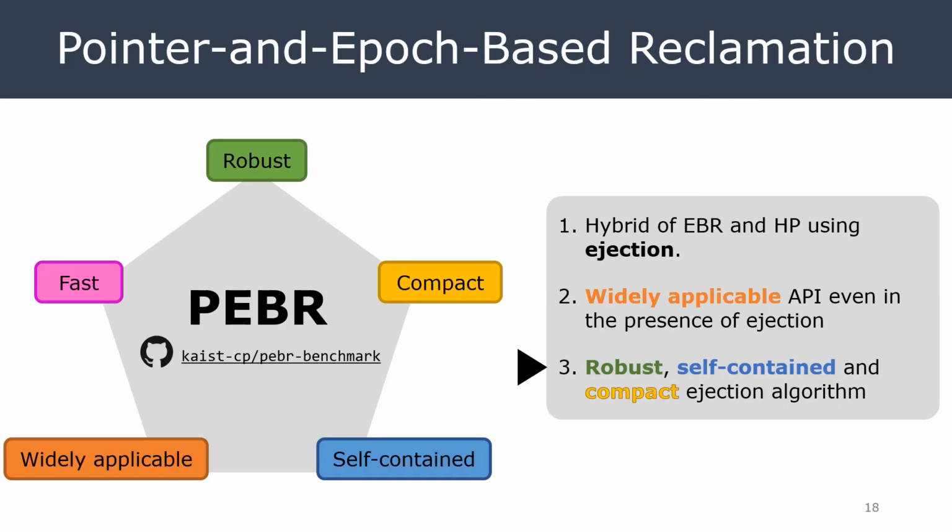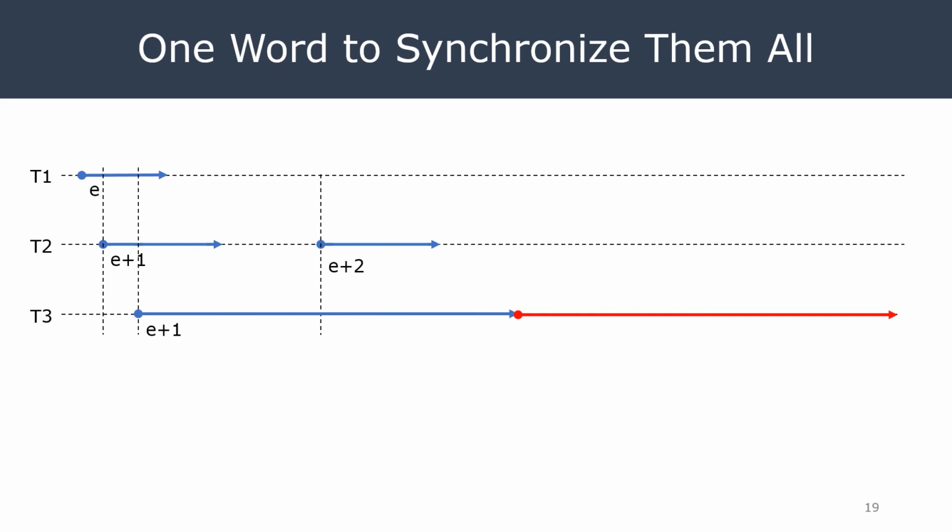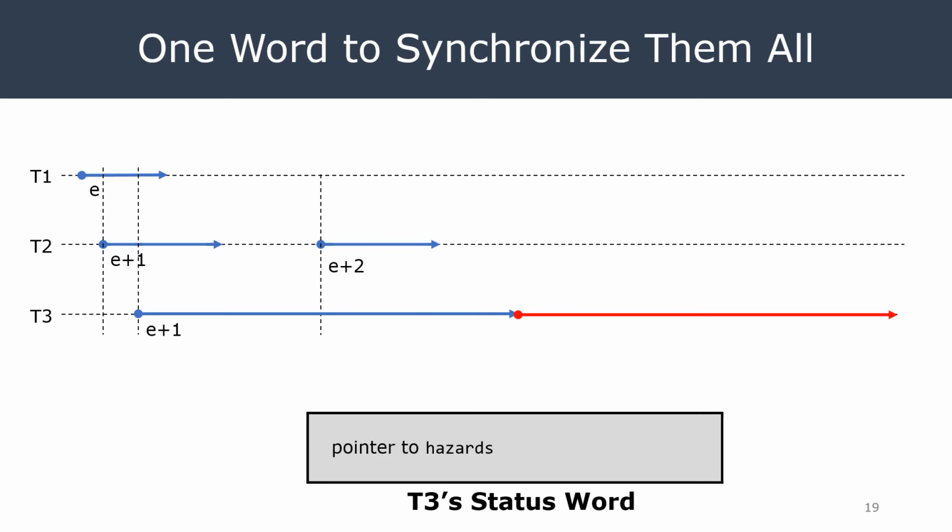Now, let me explain the last key idea, namely an ejection algorithm that is robust, self-contained, and compact. The main idea is to centralize every synchronization into a single word metadata for each thread. In PEBR, all threads have a status word, which is basically a pointer to their hazard list. But it is tagged with a few bits indicating its status.